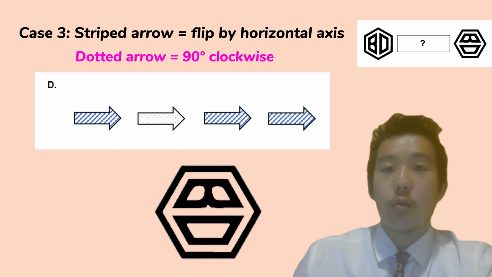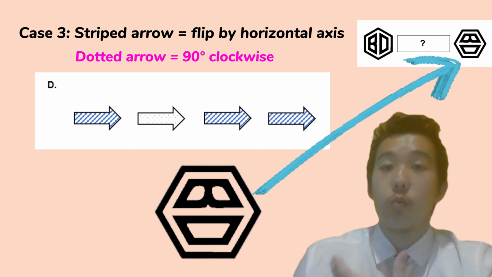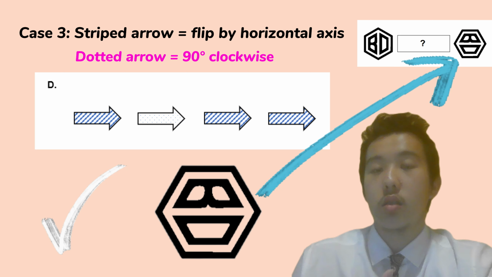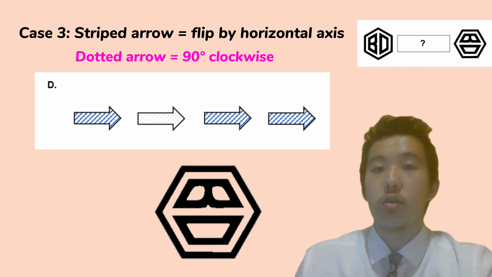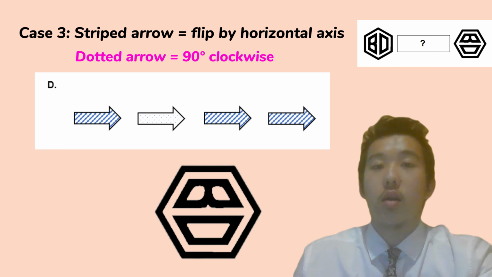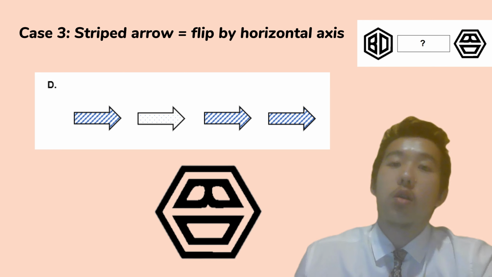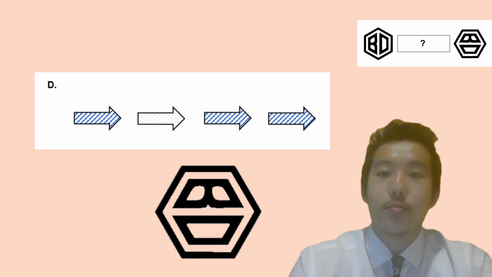Okay, so the design that we've ended up with is exactly the same as the one that we actually want, and we can safely say that option D is correct, because not only is it correct assuming case 2, but it's also correct assuming case 3. And case 1, 2, and 3 are the only ones that are possible. So no matter which case we choose, option D is always going to be correct. So here we have it, option D is your answer.